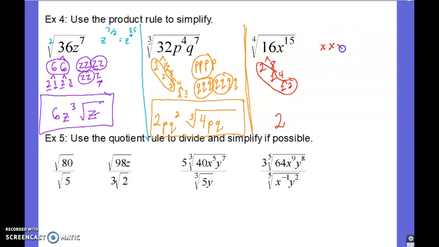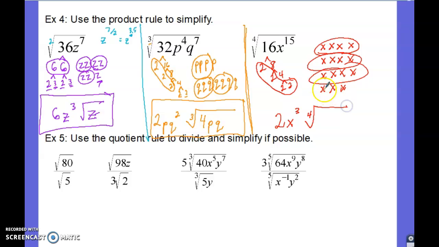We have 15 x's. 4, 5, 6, 7, 8, 9, 10, 11, 12, 13, 14, 15. We're looking for groups of 4. There's 1, 2, 3 groups of 4. And then we have my leftovers, because we don't have enough for a 4th group of 4. So we put all 3 of those into the radical. There you go.